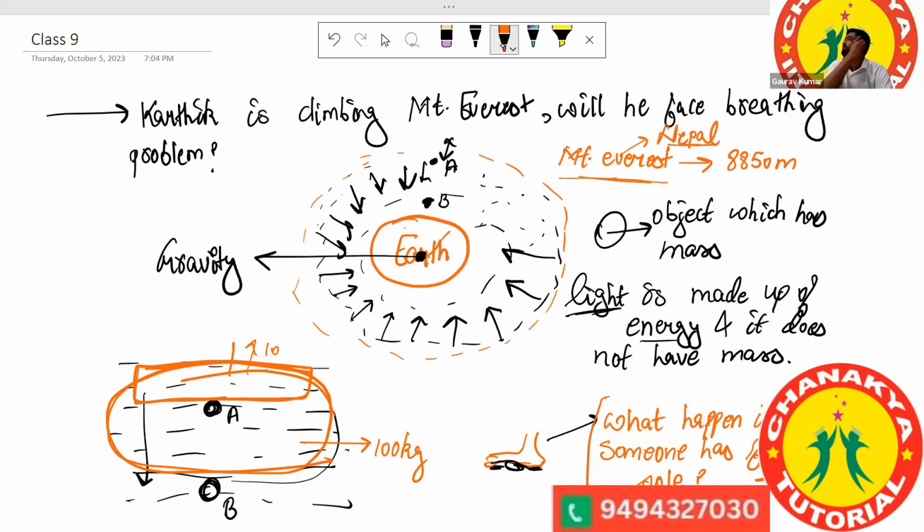And we have a highest peak in India also. Do you know what it is? I think it is Kanchenjunga. Kanchenjunga. Good, good. It is Kanchenjunga, right?